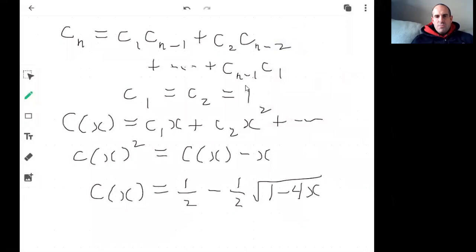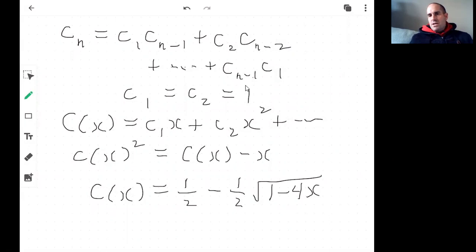So just by way of review, here's what we knew about the Catalan numbers. Remember, we define the Catalan numbers via the number of ways to parenthesize or multiply together n fixed numbers. You could have also talked about adding those numbers together, and by the way, you leave the numbers in place.